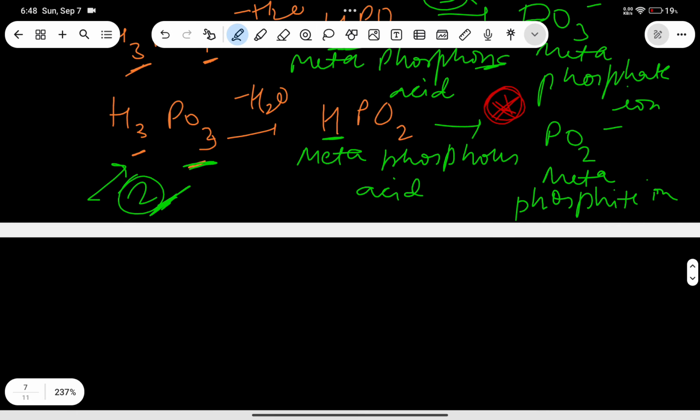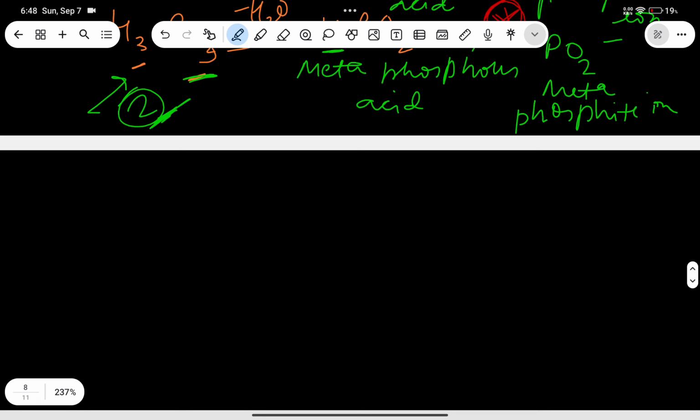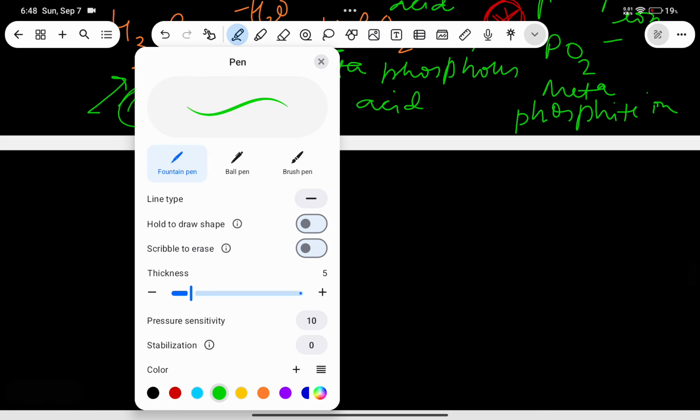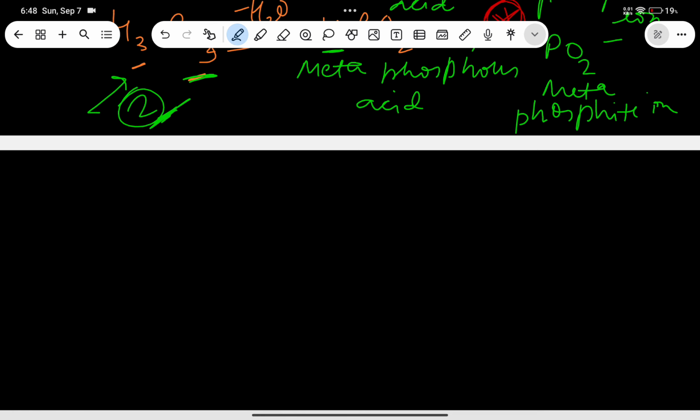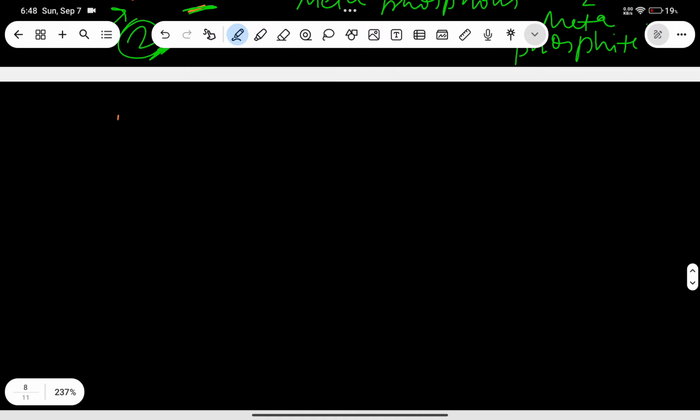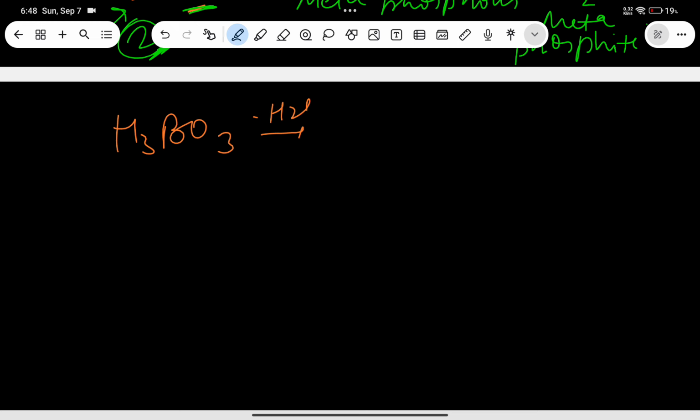Let's do some more examples to clear these meta acids. Let's have some more examples, for example H3BO3. Removing one hydrogen, we get HBO2, right?